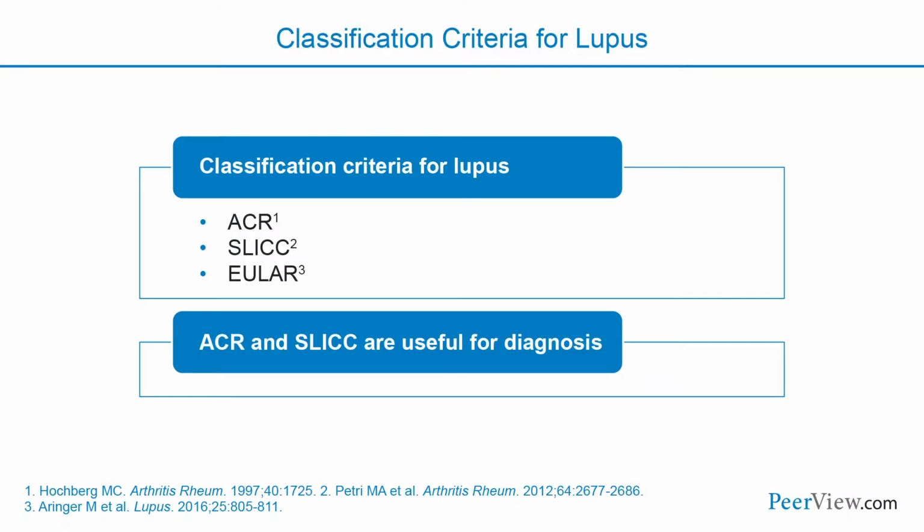If the patient had lupus nephritis by a biopsy, you didn't even have to have 4 things. Lupus nephritis by biopsy was sufficient in and of itself. Finally, very recently, the European group called EULAR have developed criteria that will be used for clinical research. The first 2 criteria here I think are quite useful for diagnosis as well.